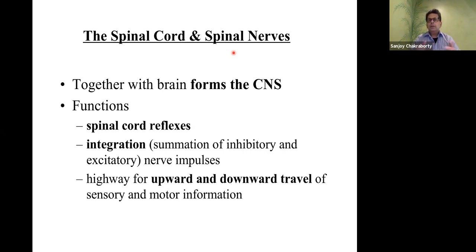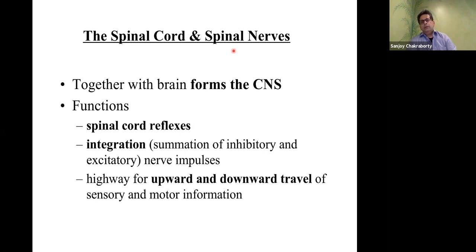Where it is located, it basically begins at the foramen magnum. We learned in bone class that the occipital bone has a huge opening called the foramen magnum. So the brain, when it forms the brain stem, starts with the foramen magnum and goes all the way through the vertebral column to the coccyx.